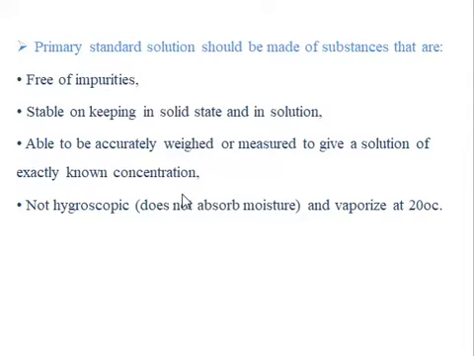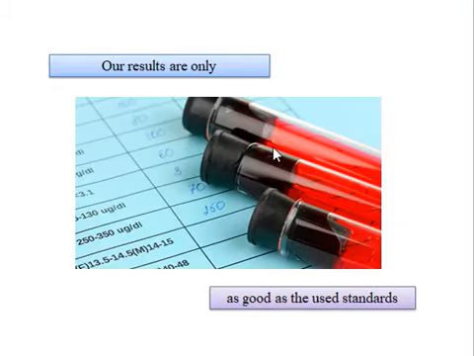It should be stable, accurately weighed or measured, and the concentration should be known precisely. Because the quality of standard solutions is involved in the accuracy and the precision of measurement, our results are only as good as the standards used.